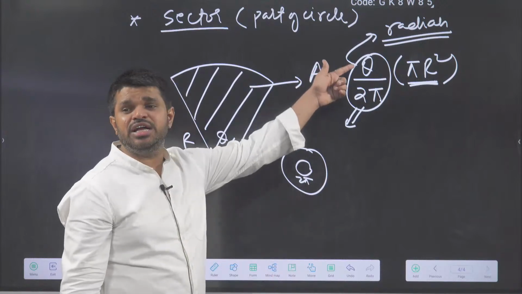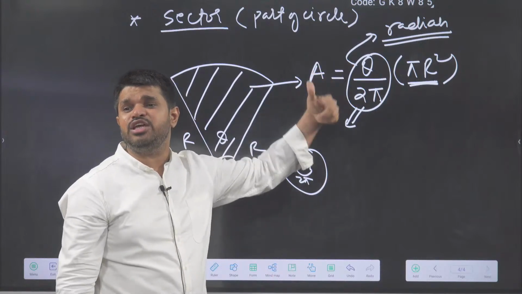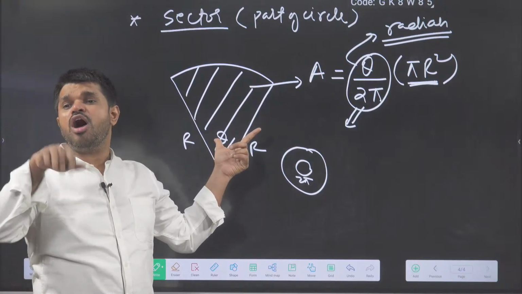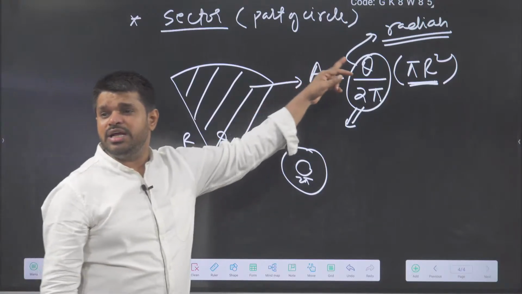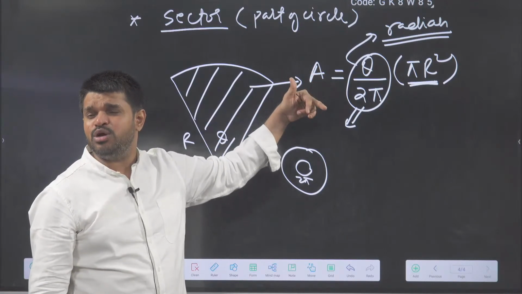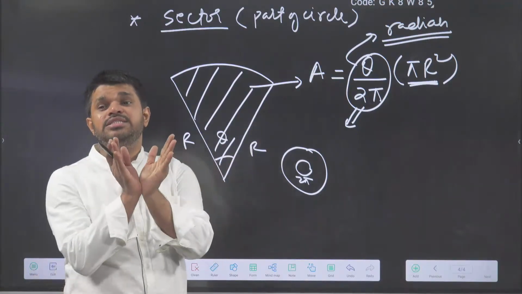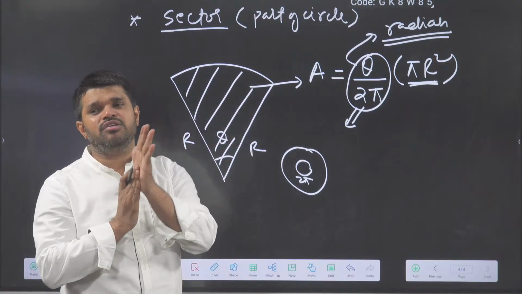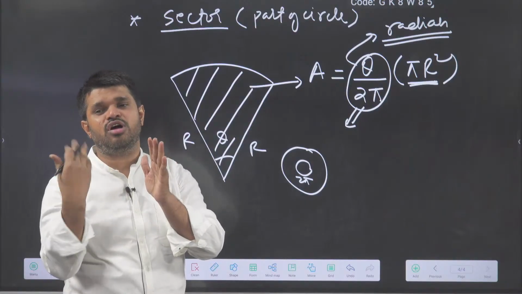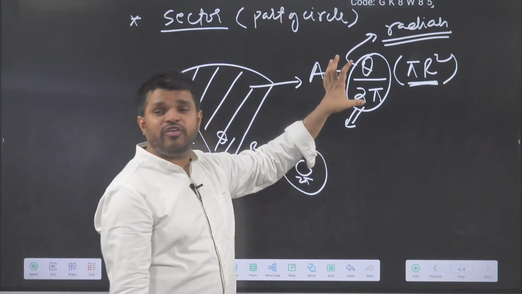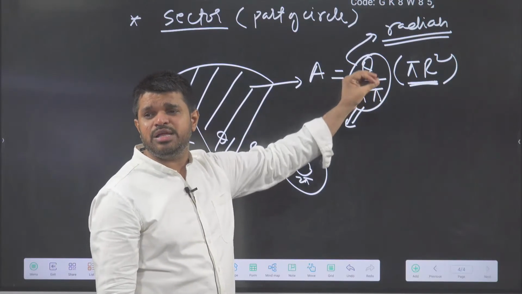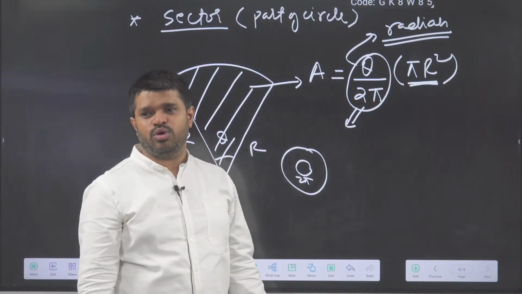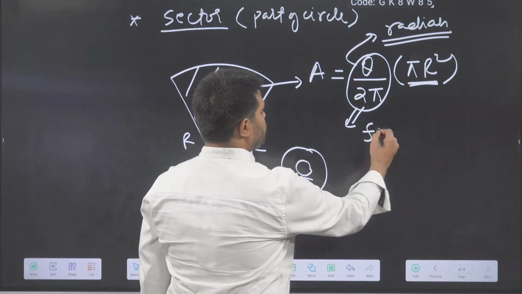So theta by 2 pi gives you what fraction this sector is of the total circle. The fraction of the total circle multiplied with the area of the full circle gives you the area of the sector.